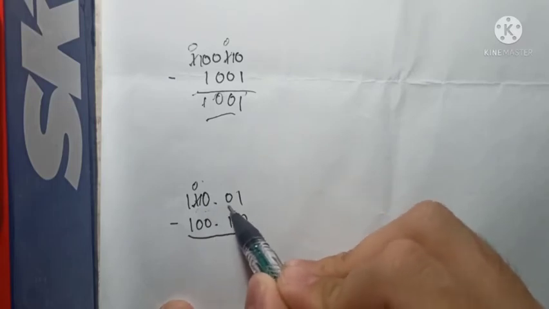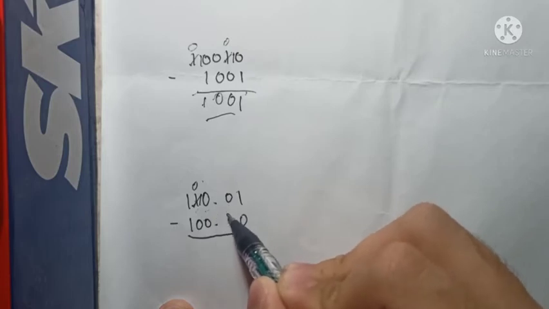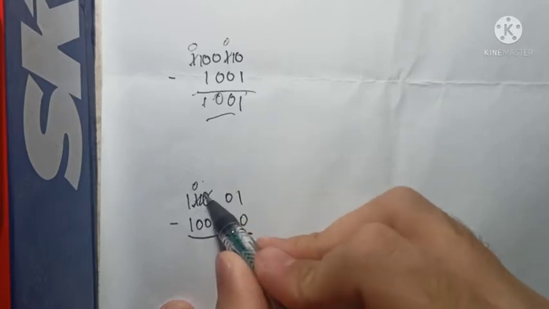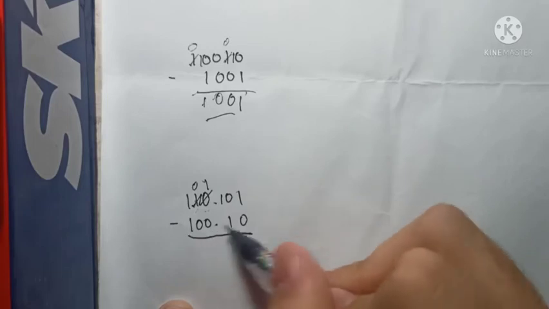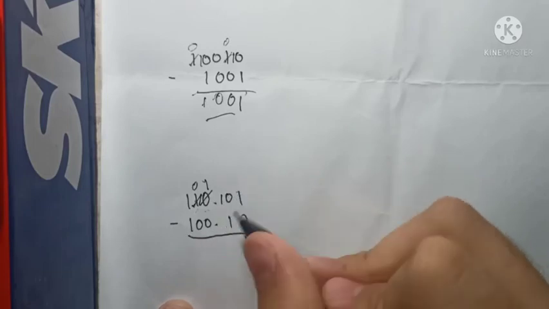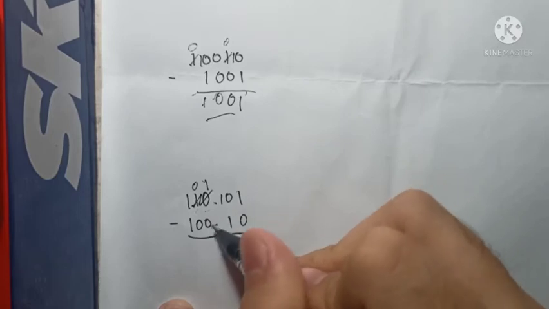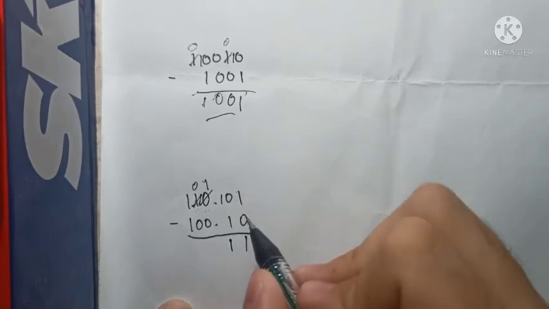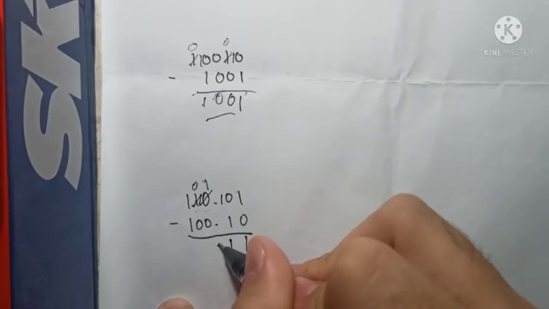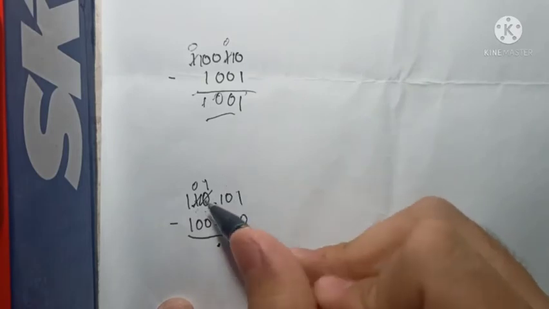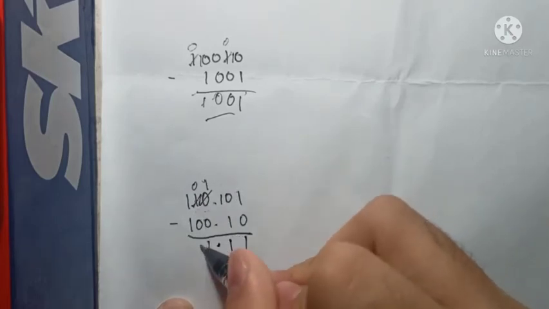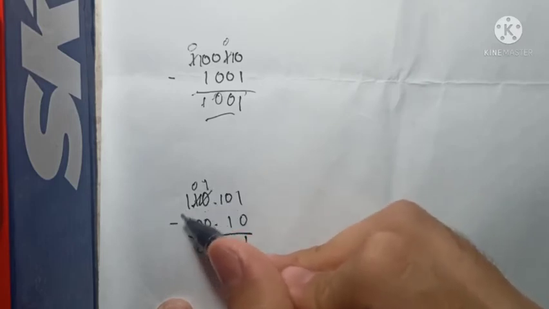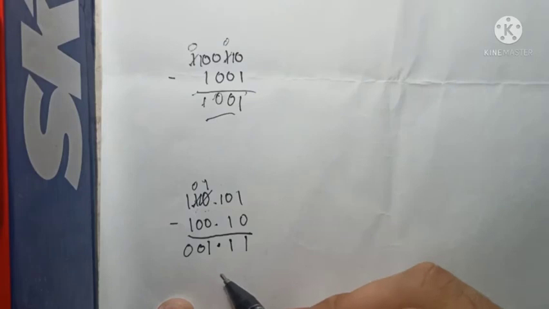We need to borrow again since we cannot subtract these two values. This becomes 1 and this becomes 10. 10 minus 1, so we can now subtract. 10 minus 1 is 1. Then the decimal point. 1 minus 0 equals 1. 0 minus 0 equals 0. 1 minus 1 equals 0. So the answer is 1.11.